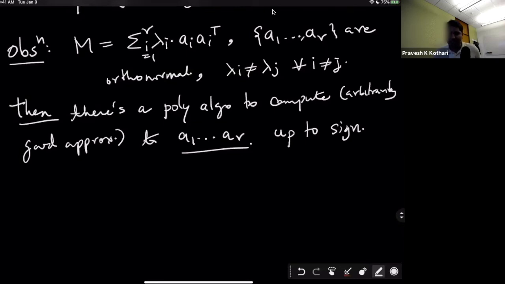In many applications, for whatever reason, you can't quite guarantee that the decomposition you're looking for satisfies this pairwise orthonormality. And so you are in trouble here. This is not good enough for, let's say, psychometrics, whatever.